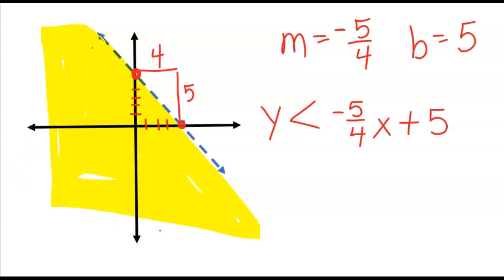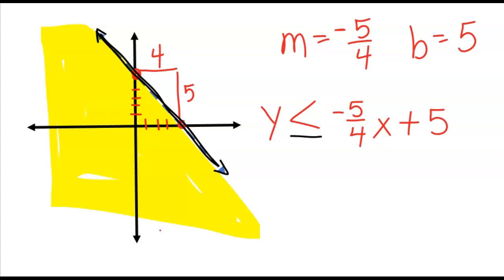Now you see this is a dotted line. If this line had been a solid line instead of a dotted line, this would have an or equal to. That's the difference between a solid line and a dotted line.